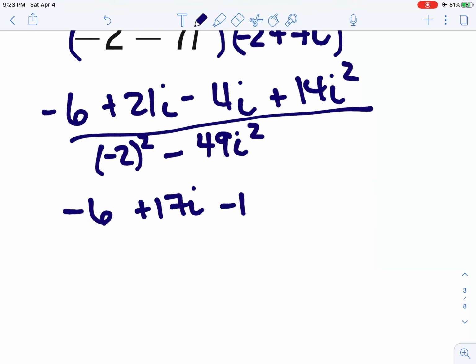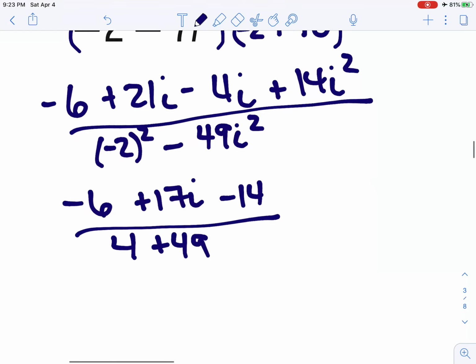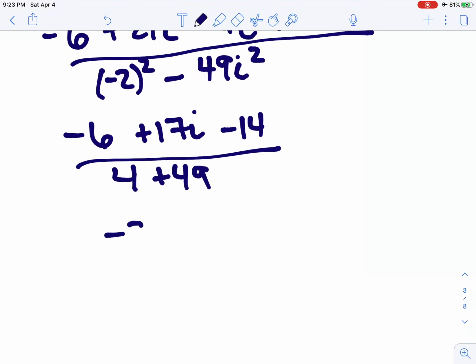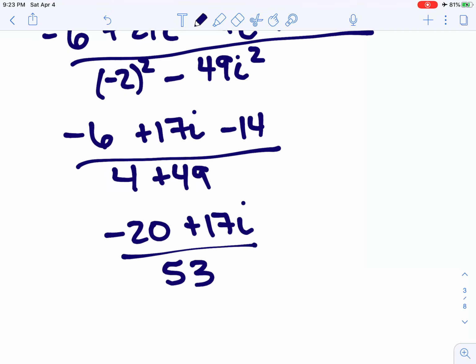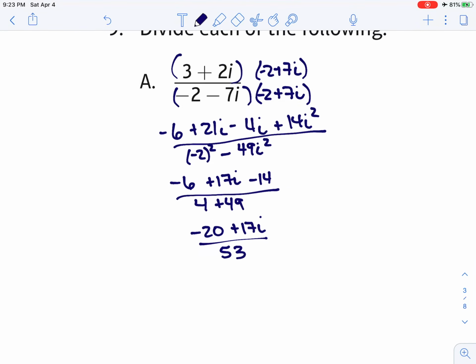Negative 6 plus 17i minus 14 over 4 plus 49. So that'll get me negative 20 plus 17i over 53.